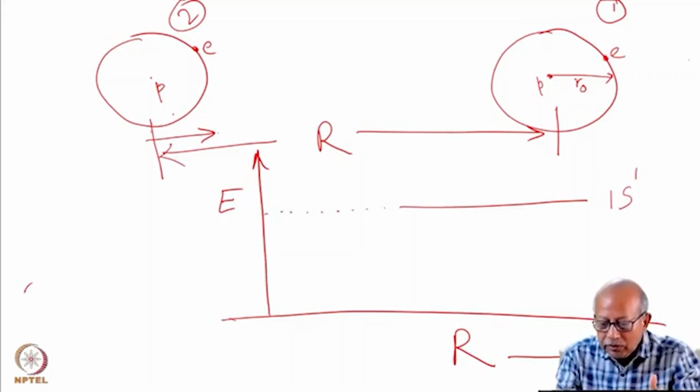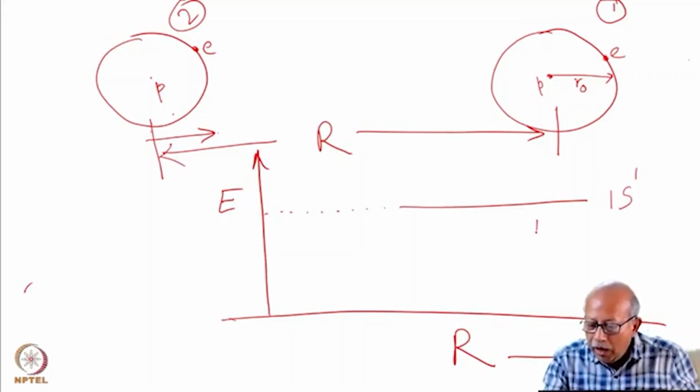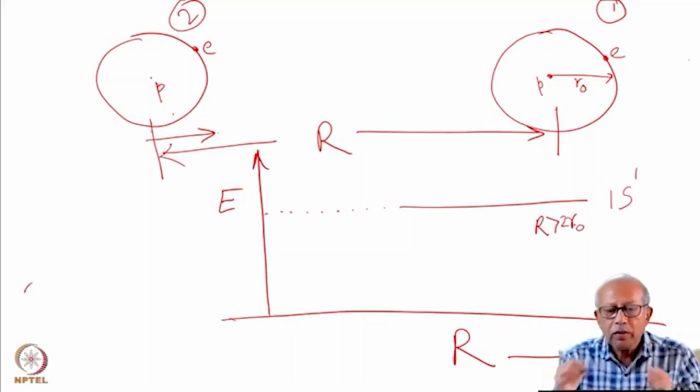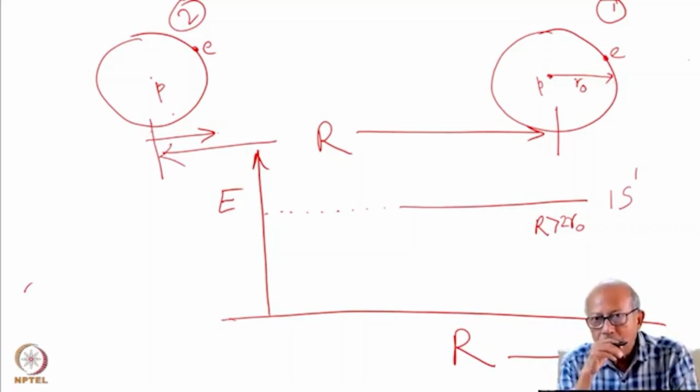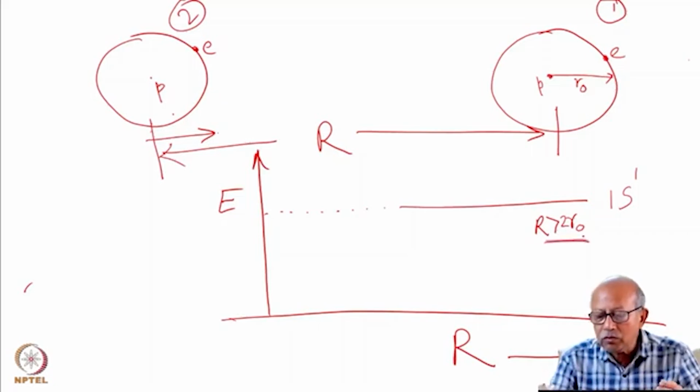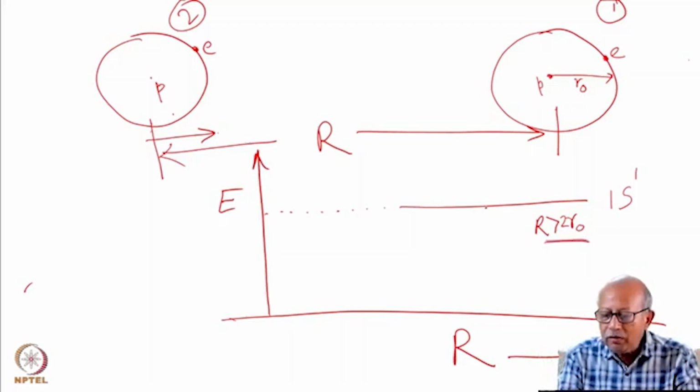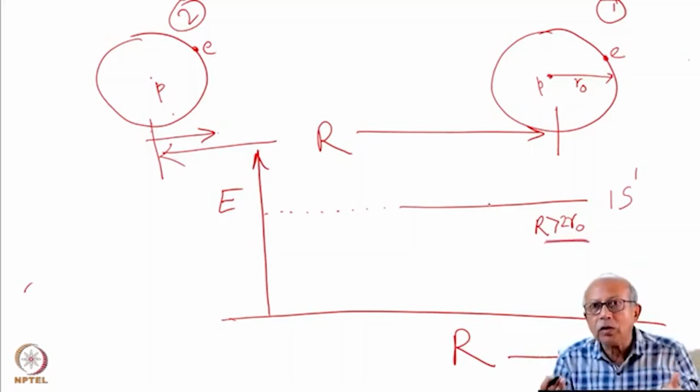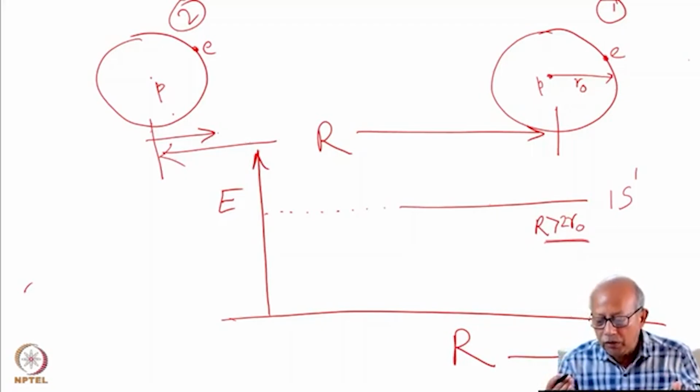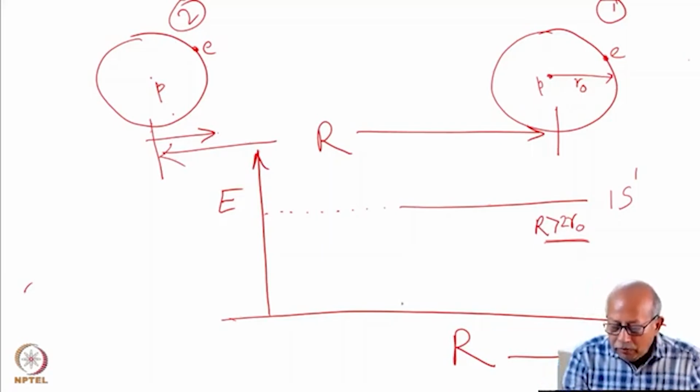This is true when R is much more than 2r0, where 2r0 is the summation of the radii of the two atoms. So when the two atoms are widely separated, the energy level is just what it would be for an isolated atom. Now what happens when R is nearly equal to 2r0?